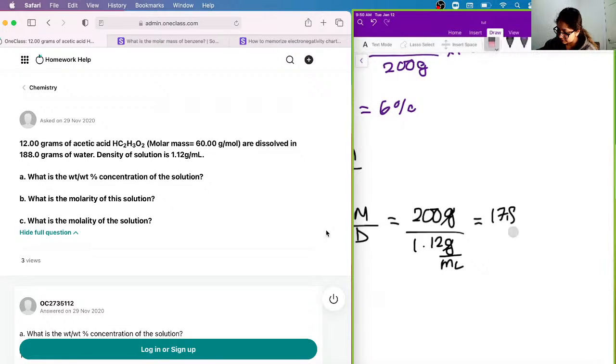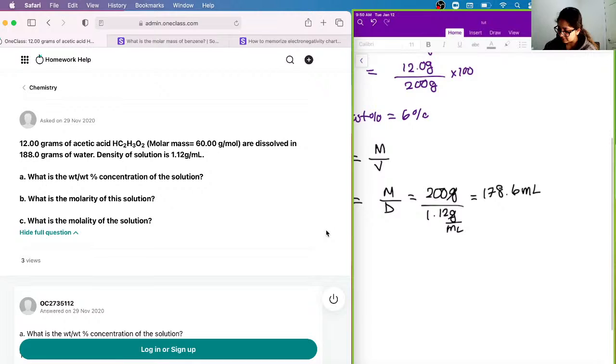Oops, what you get is 178.6 milliliters. And since this is in milliliters and we need it in liters to find concentration, you have to divide this by 1,000 milliliters.